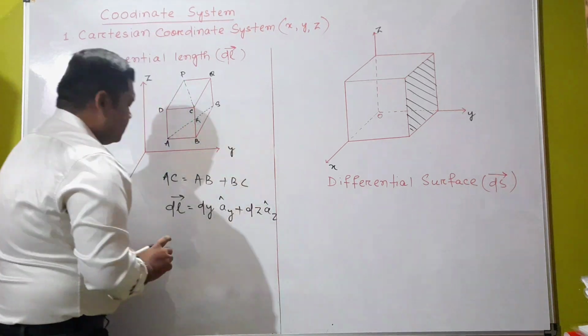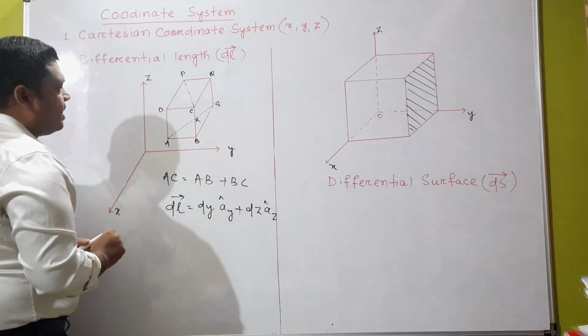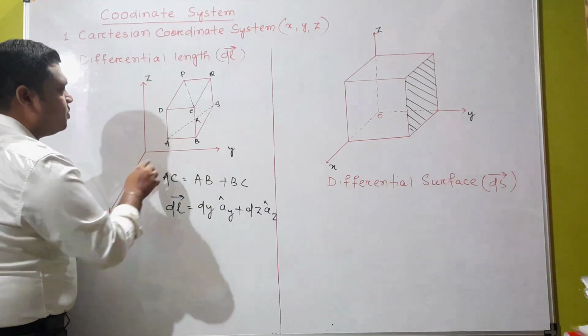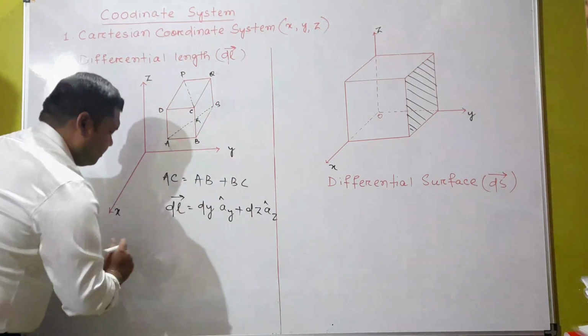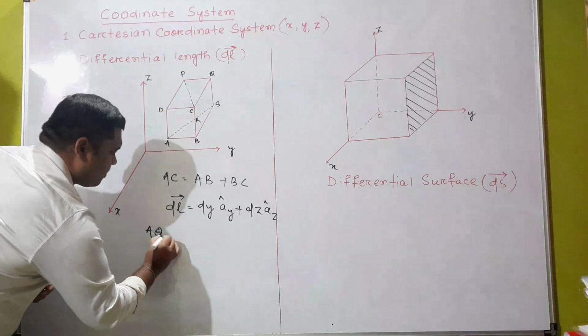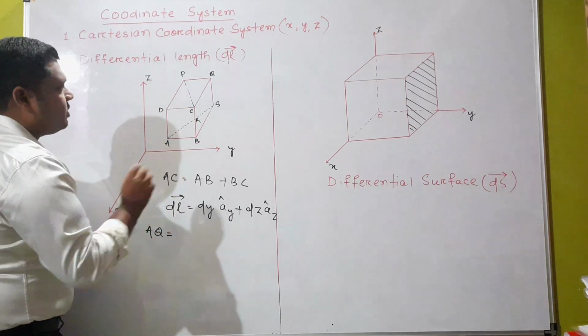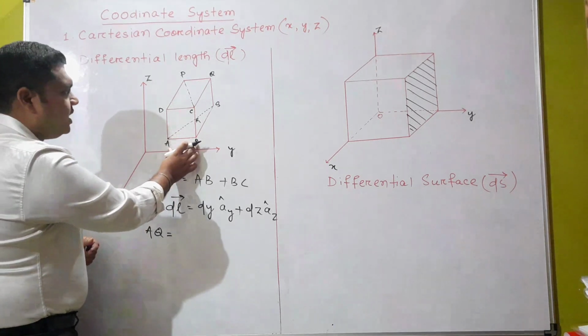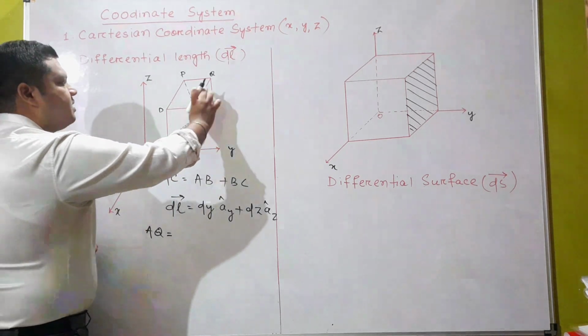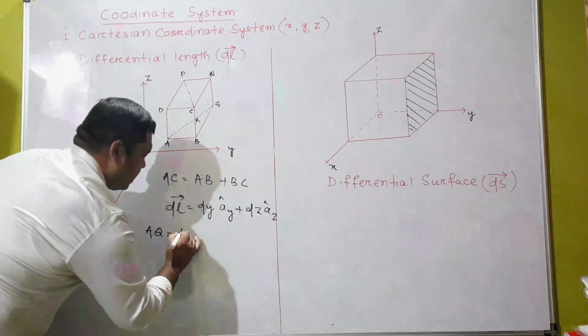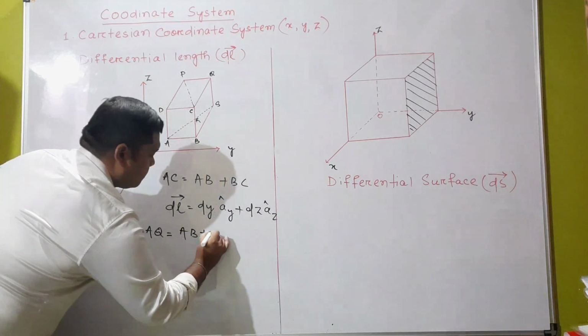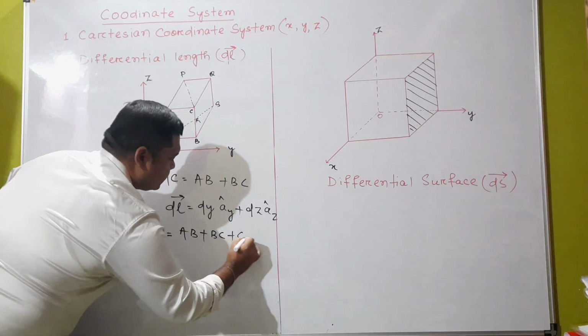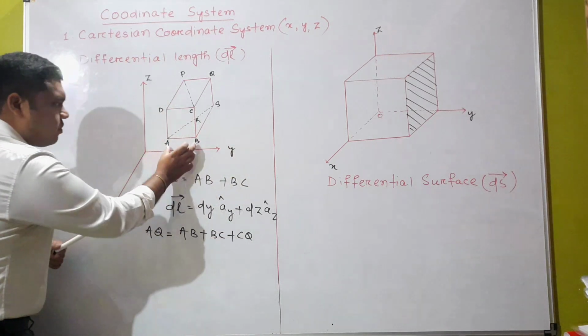Clear? Similarly, if I wish to move from A to Q, how will I move? First I will move from A to B, then B to C, then C to Q. So I will write AB plus BC plus CQ. AB is the small distance.